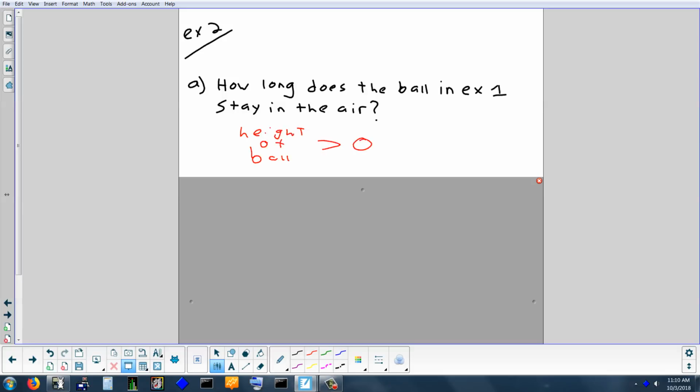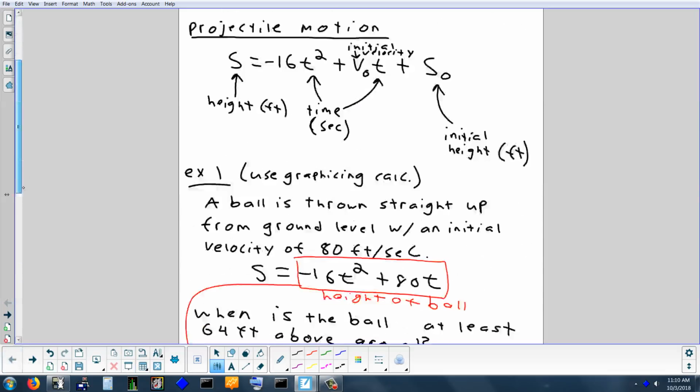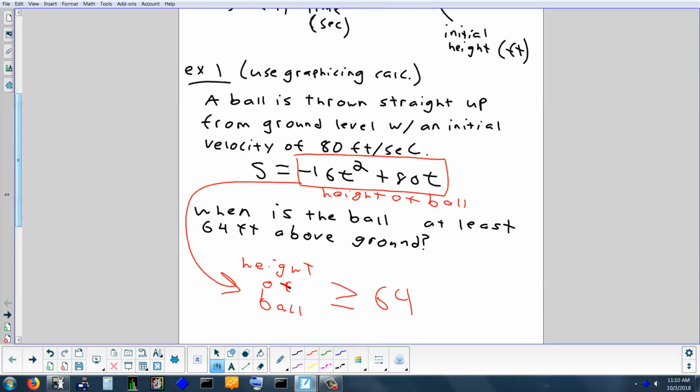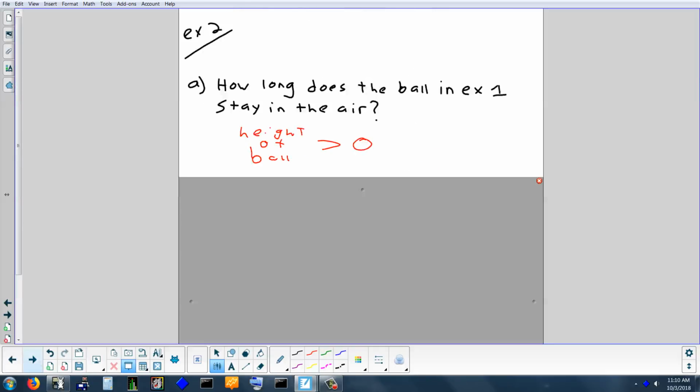It has to be above 0. Okay, so let's go back and get my formula. The height of the ball is negative 16t squared plus 80t. When is that greater than or equal to 0? So don't put 64 this time. They don't want to know when it's above 64. They want to know when it's in the air, which means it's above 0.